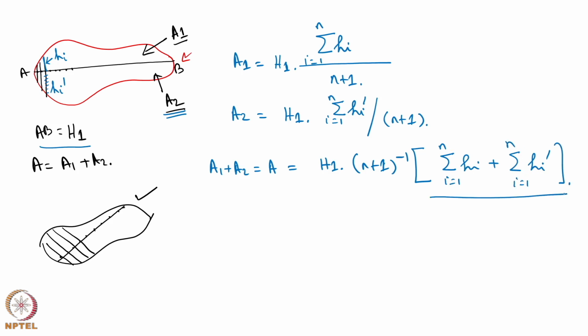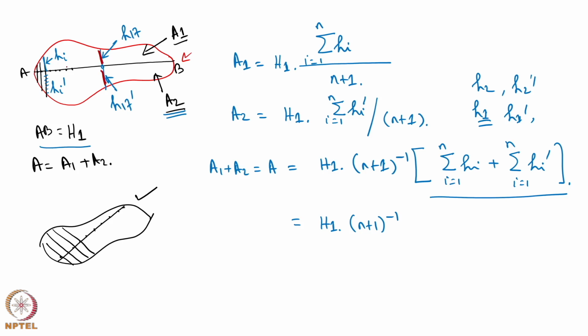Now here one more simplification can be done. H1 can be added with H1 dash, H2 can be added with H2 dash. I mean to say, if this is say Hi and this is Hi dash, there is no need to measure the distances separately, this one and this one in the calculation, rather straightaway put the scale and find out this distance, which is this.